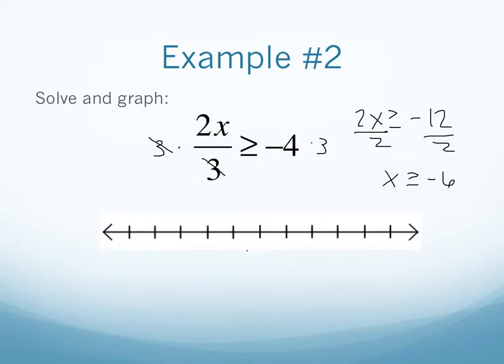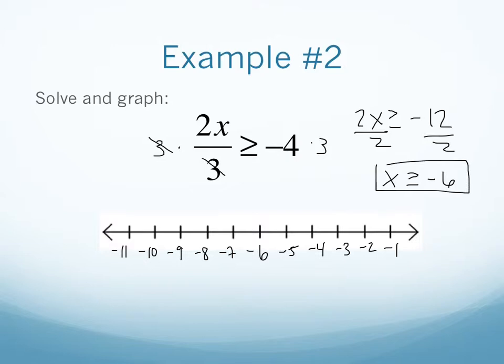So I'm going to put negative 6 in the middle of my number line. As I go to the right, I'm going to be increasing, so negative 5, negative 4, negative 3, negative 2, negative 1. When it decreases, I go to the left, so negative 7, negative 8, negative 9, negative 10, negative 11. Okay, now the difference between this example and the last example is this example has an equal to.